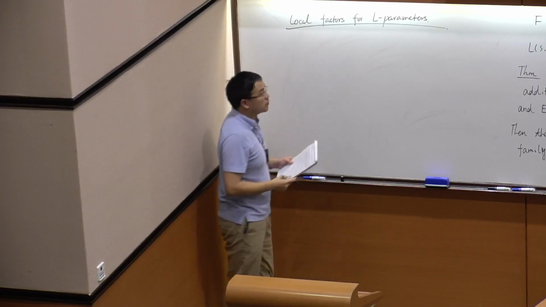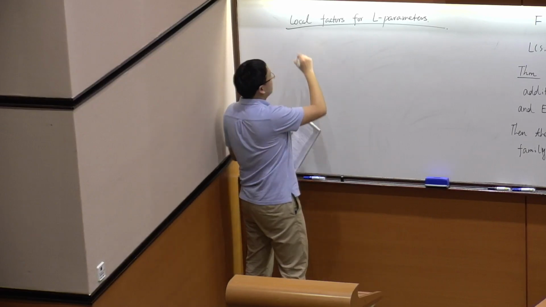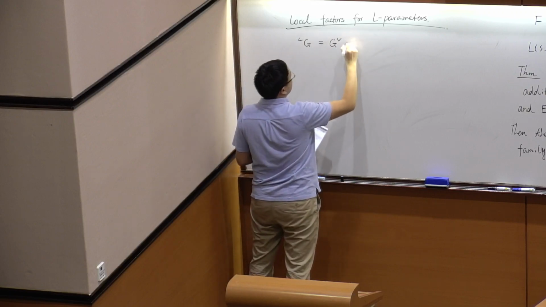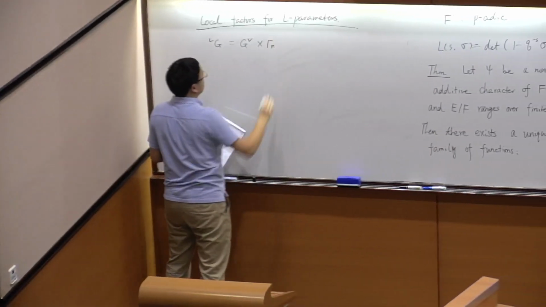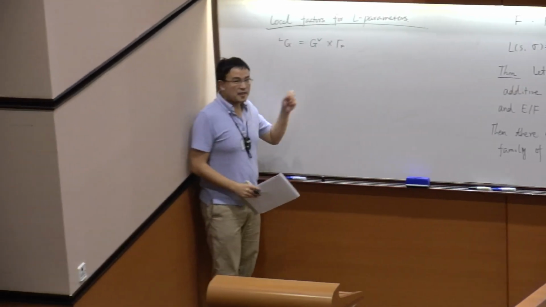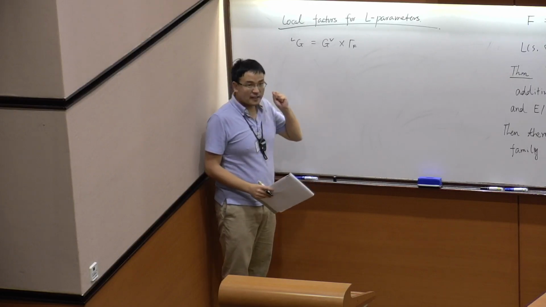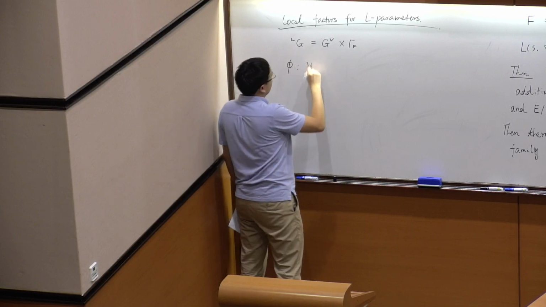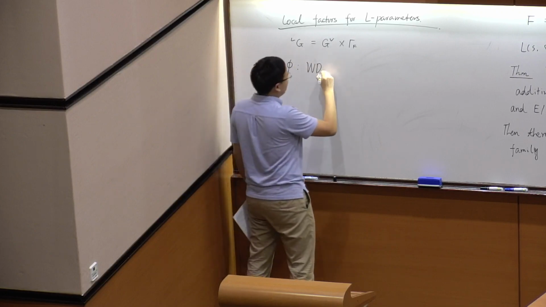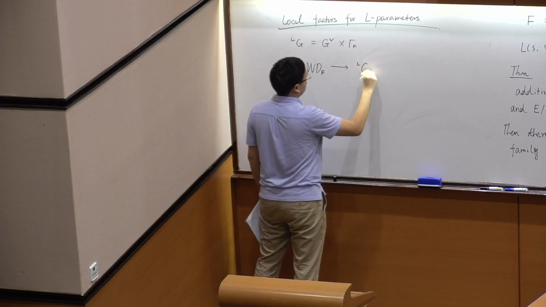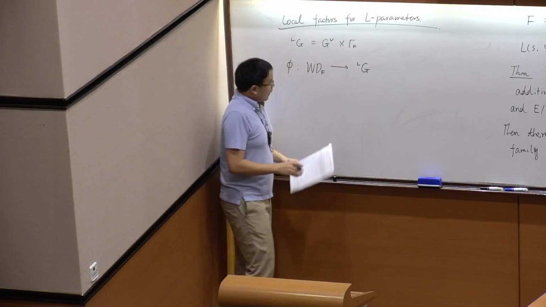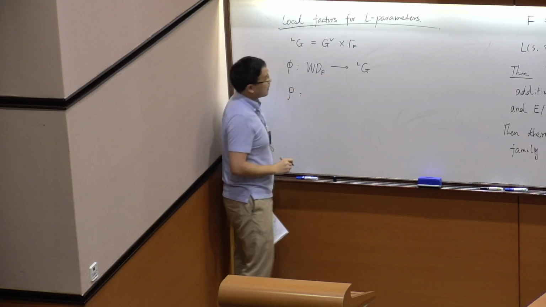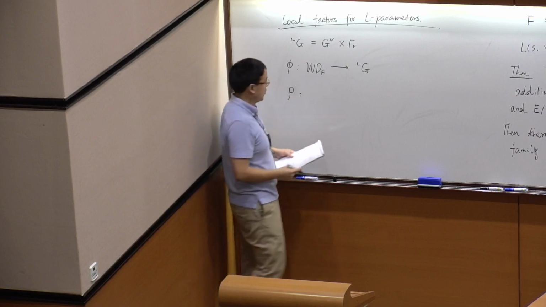So in this case, we know the L group is just the split. Okay. And we consider this a simple case, and now let's see. We take the phi to be the L parameter. And the rho, I'm going to change the notation a little bit. I'm going to use rho for the complex representation of the G check, the complex dual.